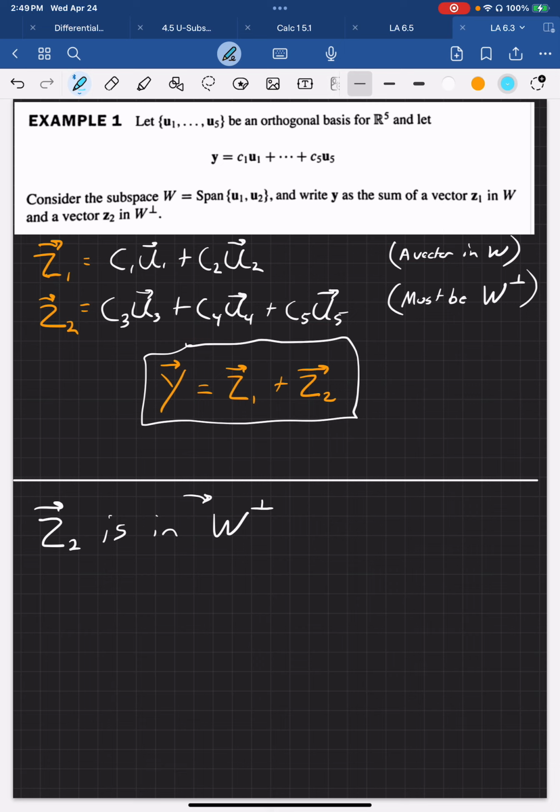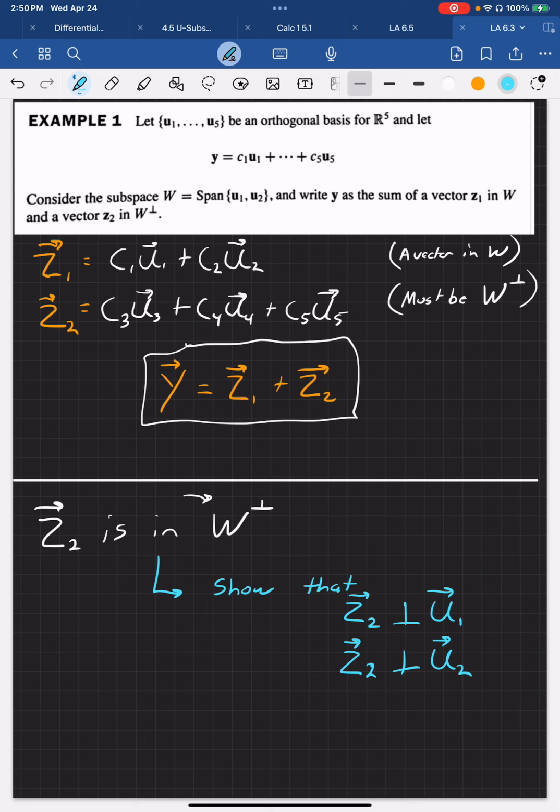But what you would have to show in order to do this is that Z2 is orthogonal to vector u sub 1, and you would have to show that it's orthogonal to vector u sub 2.